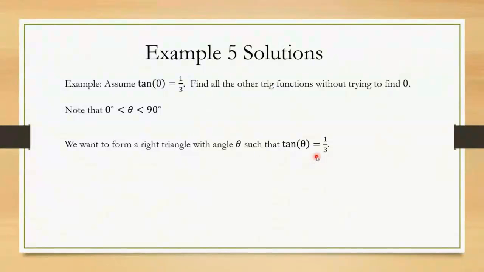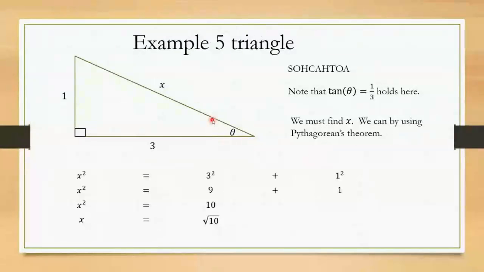We want to have a right triangle where this is true. Tangent of theta is opposite over adjacent. So we want a right triangle where theta is here, the opposite side is 1 and the adjacent side is 3.